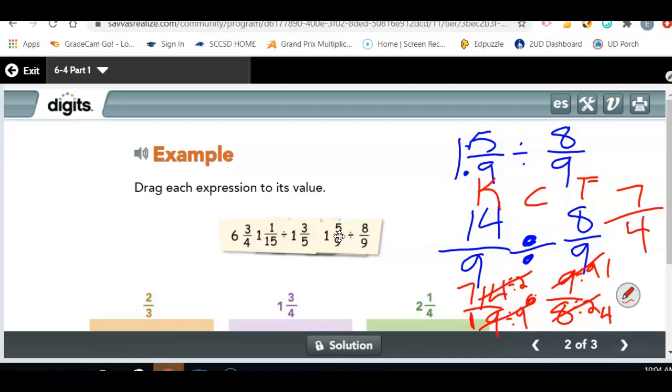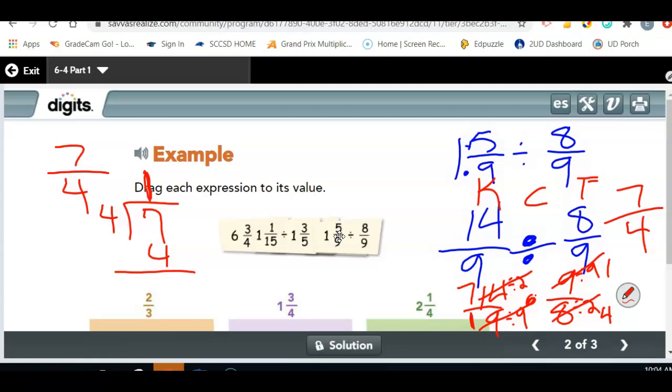So what we need to do is change it to a mixed number. A fraction is just a division problem. So 7 divided by 4. How many times does 4 go into 7 altogether? 1 time.